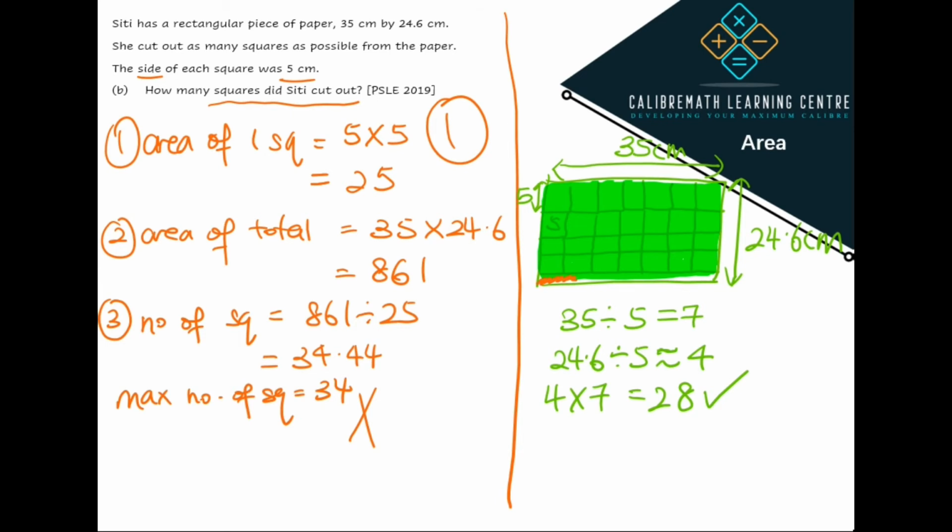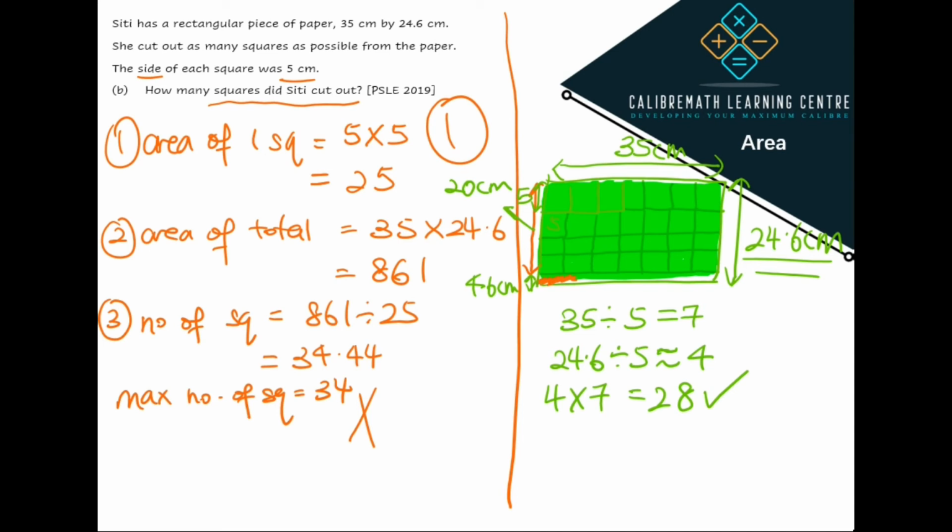This is the remainder when you cut all the squares out, because we can only cut out 4 of the 5 cm squares, so we only used 20 cm over here. So this part over here is 20 centimeters. Since the entire breadth is 24.6 centimeters, there is a small remainder of 4.6 centimeters at the bottom.